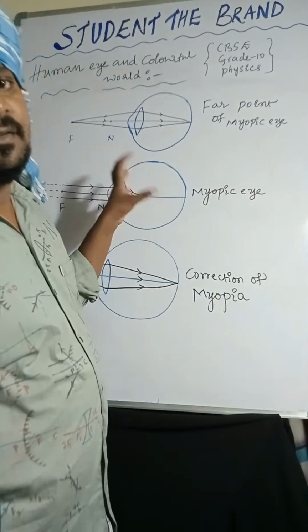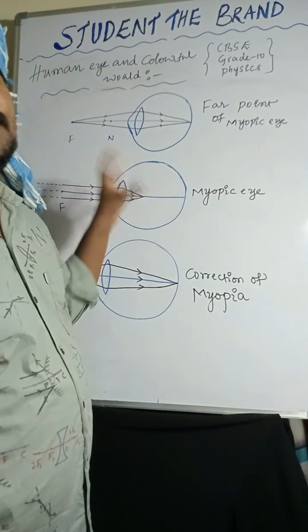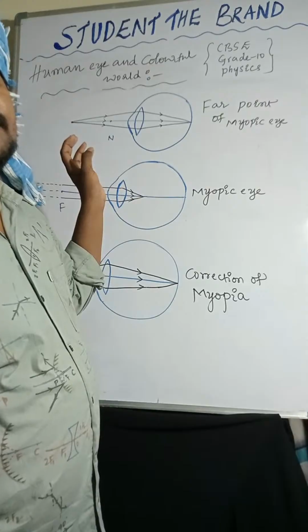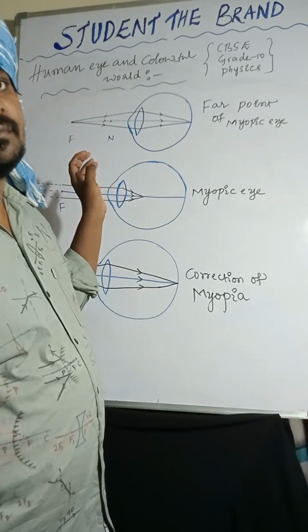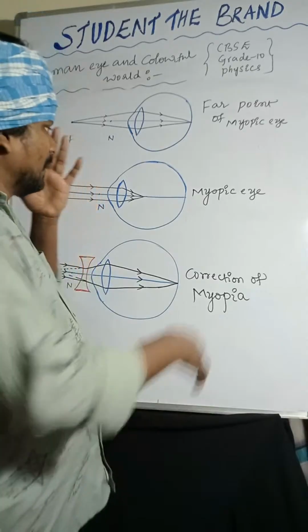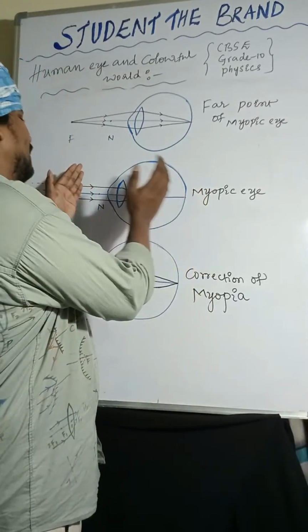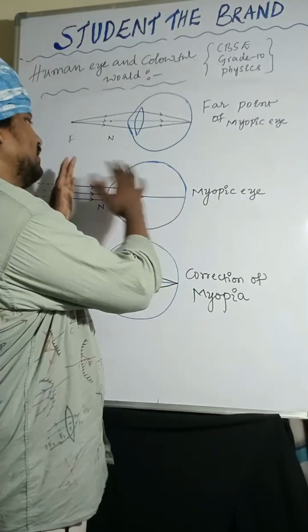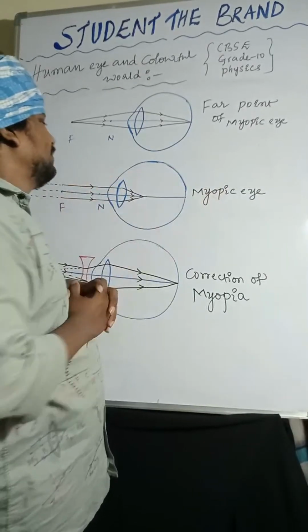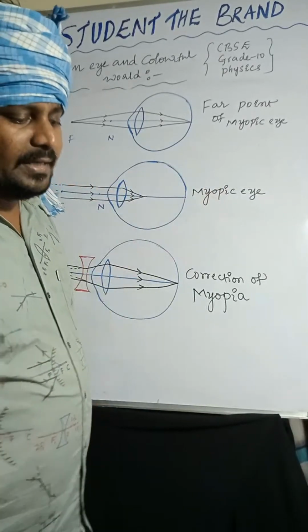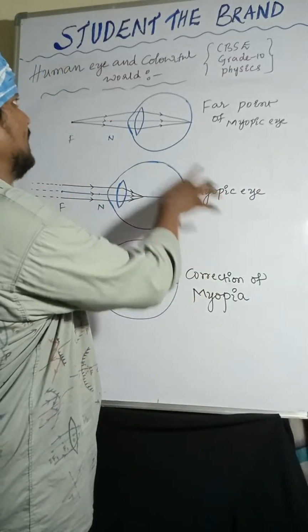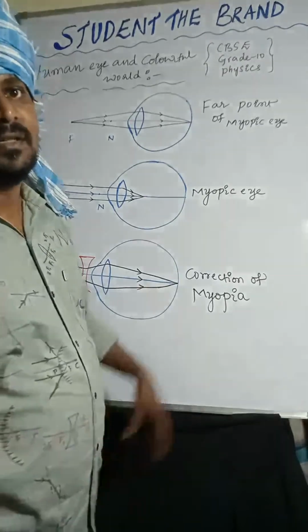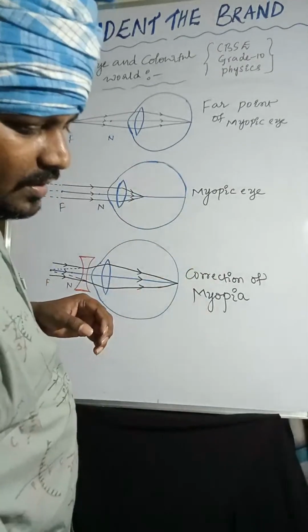So those are the defects. Eyeball is too long, focal length is too small. Right? So by seeing the second diagram, you'll get to know the causes. Okay.